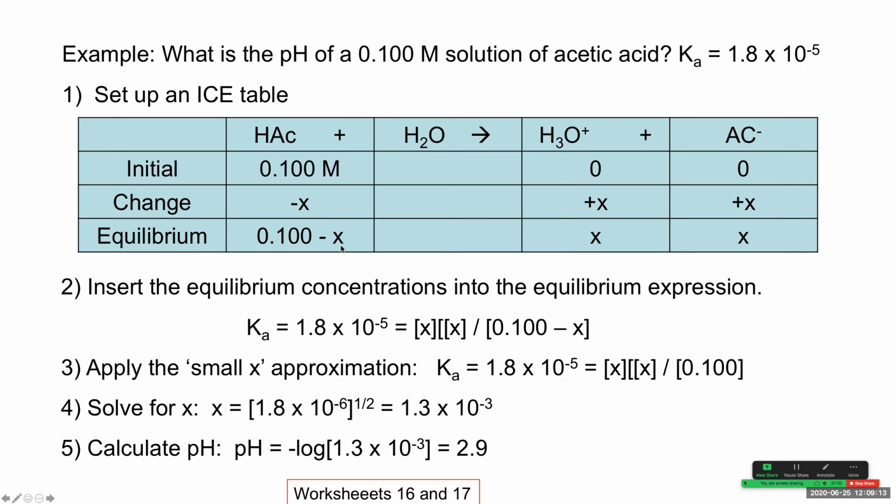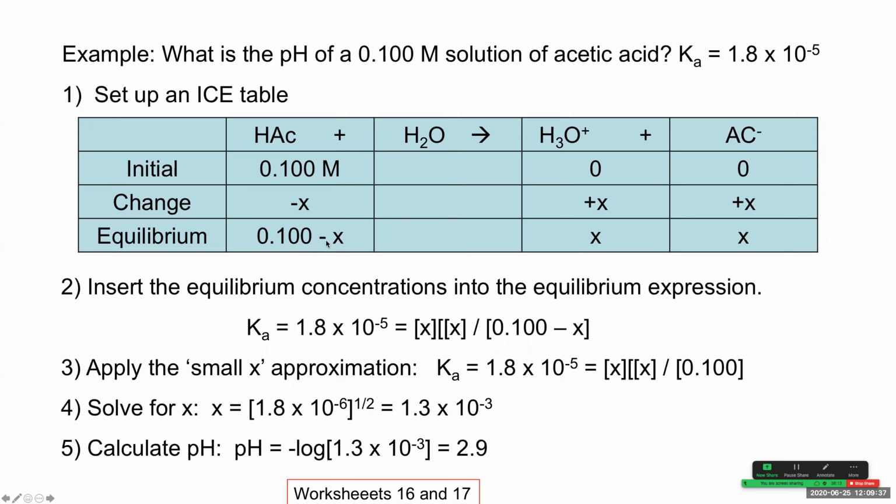The trick is called the small x estimation. The small x means that this increment of acetic acid, this amount of acetic acid that we're going to lose, is way smaller than 0.1 molar. So we can neglect it in our calculation.